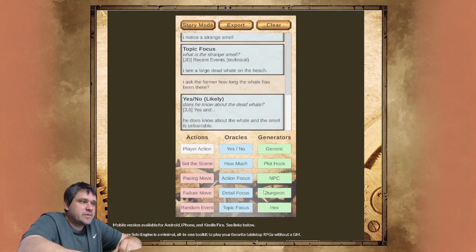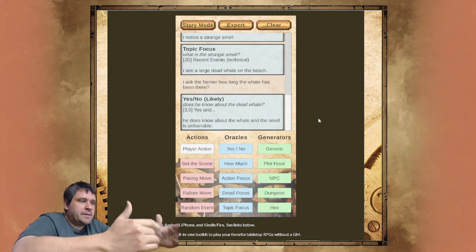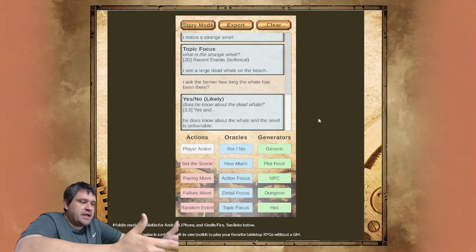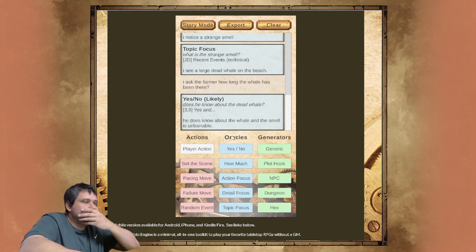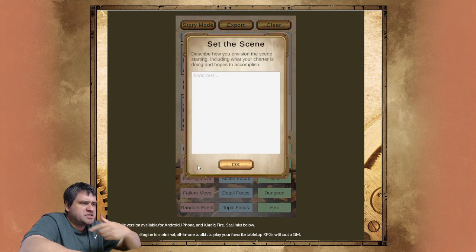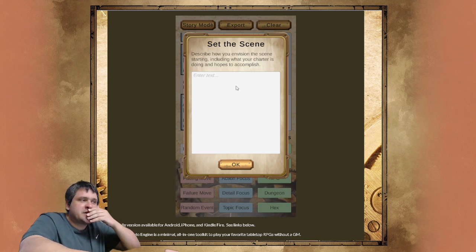Okay, so yes, and so we can, while we're helping him plant seeds as the most mundane possible quest possible, it's a side quest, maybe. I forgot to use this set the scene. So describe how they envision the scene starting, including what your character is doing and hopes to accomplish.